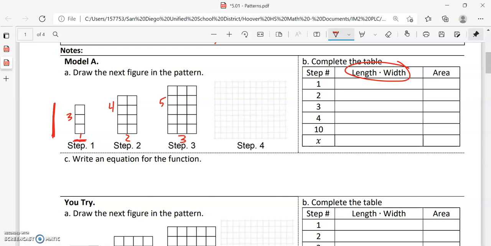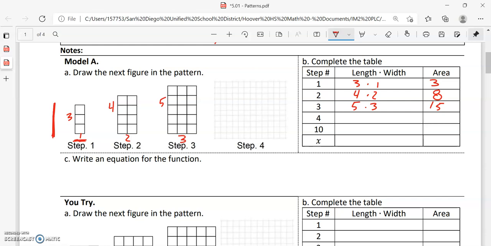So I'm going to rewrite these numbers over here in the table real quick. 3 by 1, which equals 3. Then we have a 4 by 2, and that's 8. And a 5 by 3, which is 15.